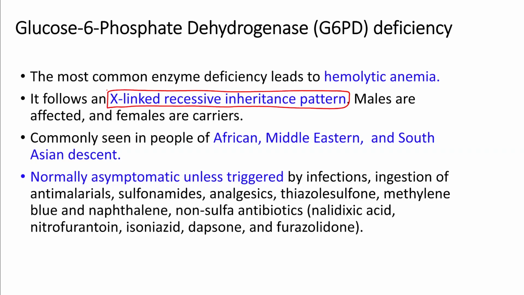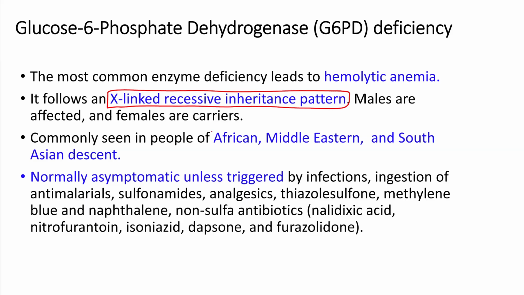Look for that. If the case stem says, say, 22-year-old woman, then you should not think about G6PD deficiency, maybe pyruvate kinase deficiency. If there is a hemolytic anemia, but it's a woman, then rule out G6PD. So this is an X-linked condition.